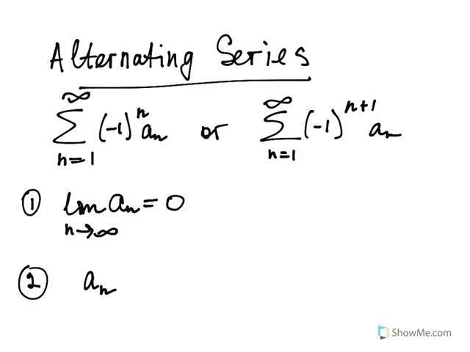Your a_n is supposed to decrease. If it's a decreasing sequence, then a_(n+1) is less than or equal to a_n for all values of n, for all integers.